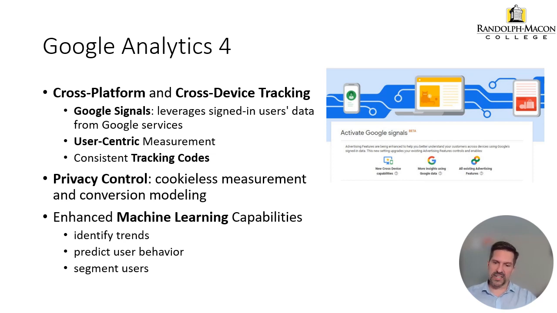And the way they do it is they leverage some of the Google services, like for example, Gmail or YouTube, right? You have a unique profile associated with you as a user, and every time you log into a device with that login, you're basically tracked using the same Google Signal or code, okay? So this enables tracking users across devices and also tracking individuals if multiple users are using the same device, right?